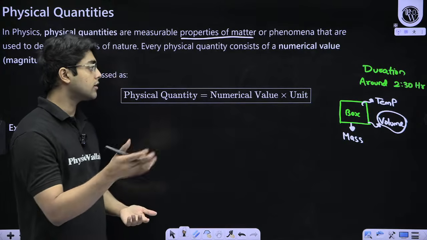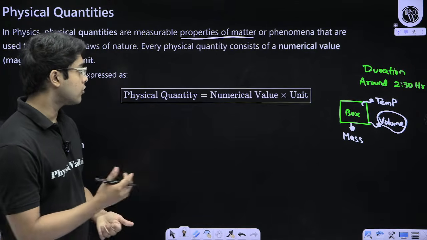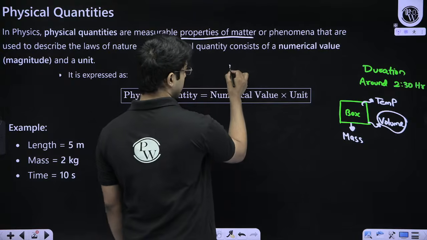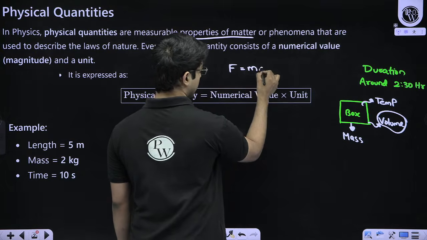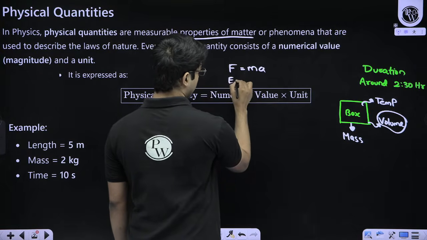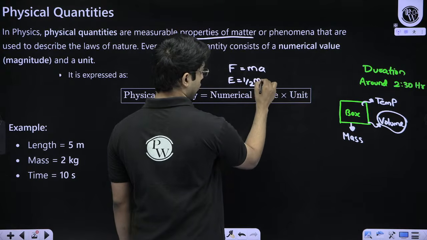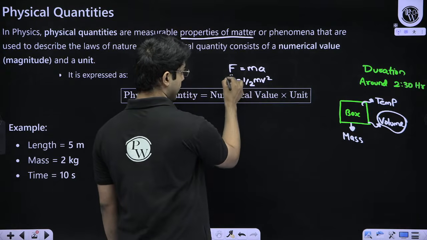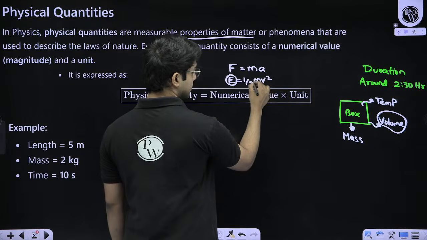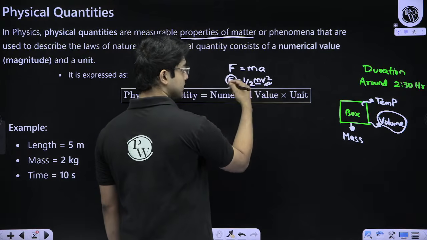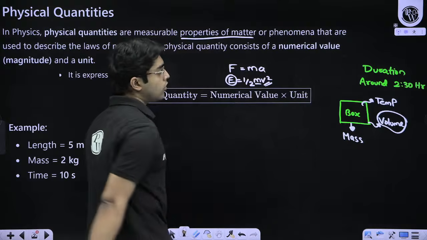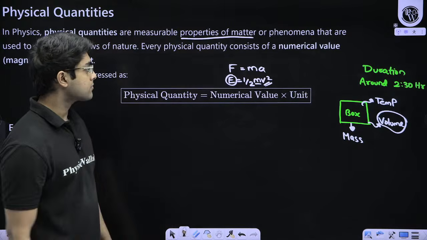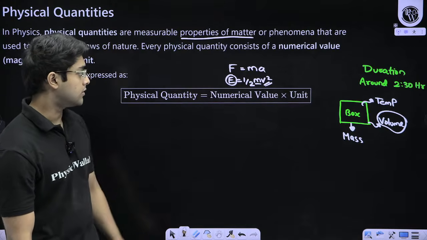All the equations you have seen in physics, F equal to ma, or E equal to half mv squared, these are all different physical quantities. Here we have kinetic energy, mass is another physical quantity, velocity and speed are other physical quantities. So in all these formulas, whatever you are seeing is just another physical quantity itself.